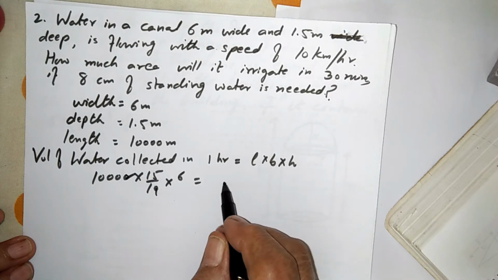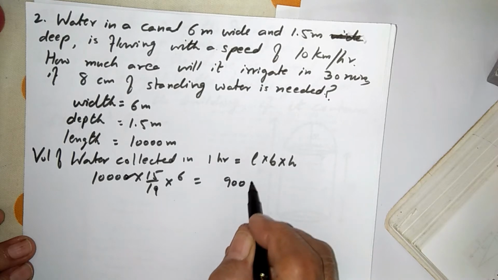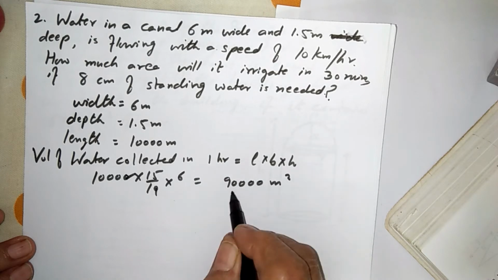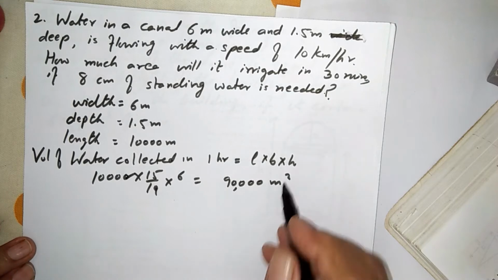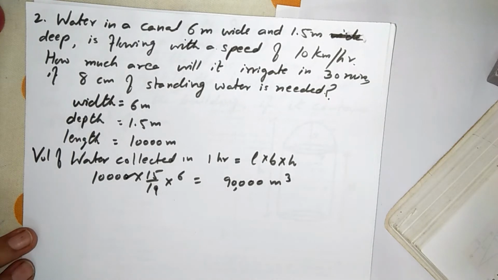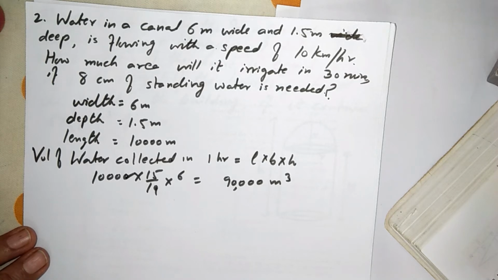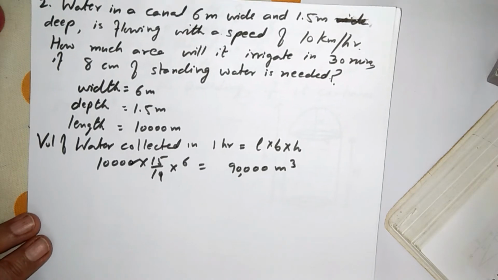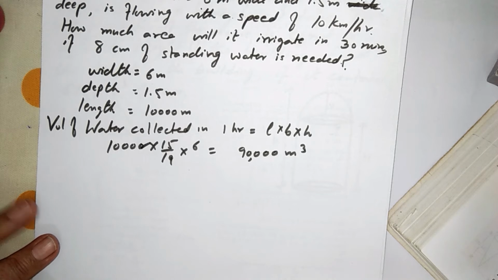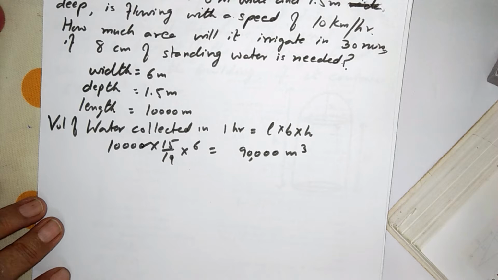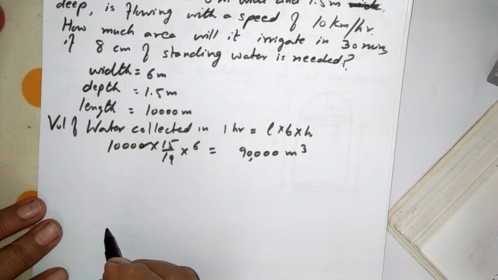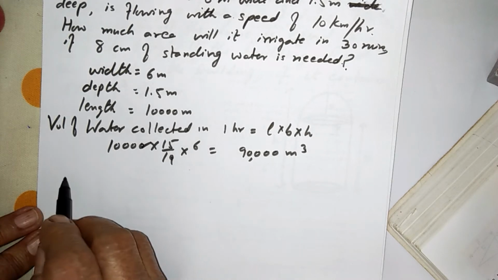This is 90,000 meter cube. Now this water is to be collected in a field. We want to know the area of the field. Field is again a cuboid of length into breadth into height, but length into breadth you can take as area, and height is 8 centimeters.